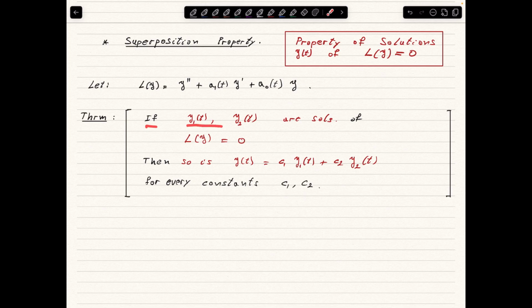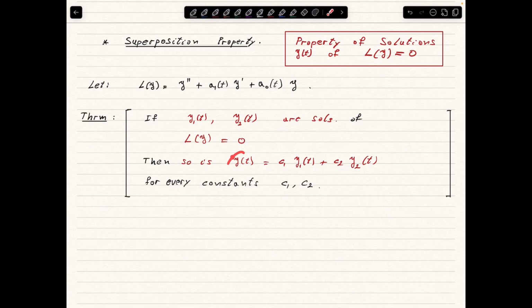And now the property is the following. Suppose you have two functions, y1 and y2, and they are solutions, each one a solution of this equation. By that I mean L of y1 is 0 and L of y2 is also 0. Then so is this linear combination for every constant c1 and c2.